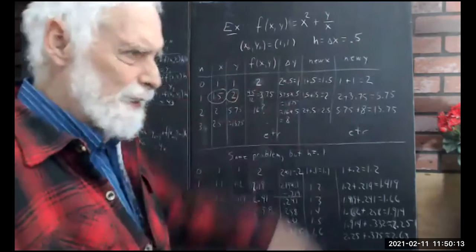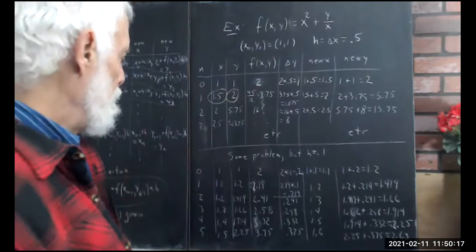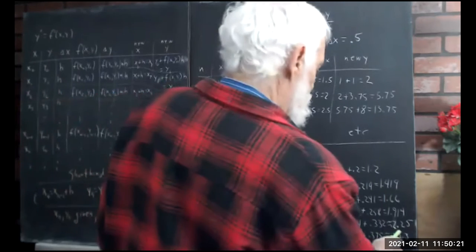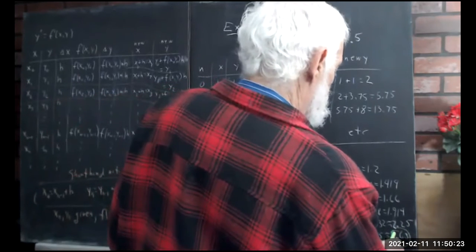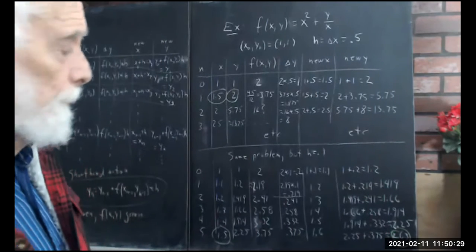Over there, that wasn't right. Okay, when x is 1.5, y is 2, that's obvious. This indicates that when x is 1.5, y is, mess it up completely, y is 2.63.